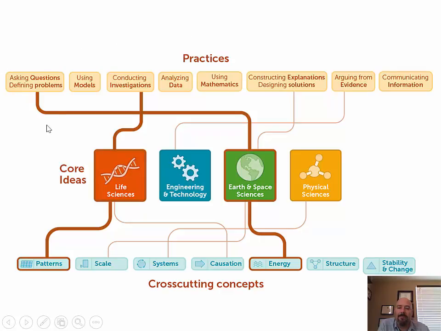In this particular example, we have a core idea that is part of Earth and space sciences, and the practice that's going to be part of that performance task is going to be asking questions and defining problems in earth science, and it's going to talk about energy. Here we have life science dealing with patterns and conducting investigations. And at times you'll have multiples of these all connecting.